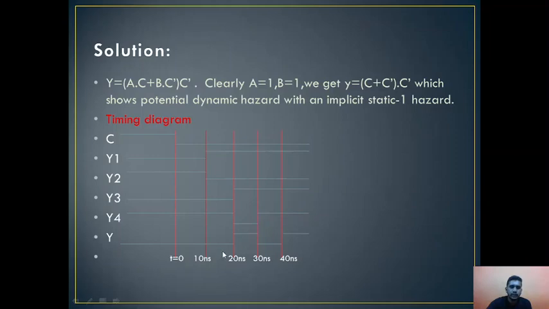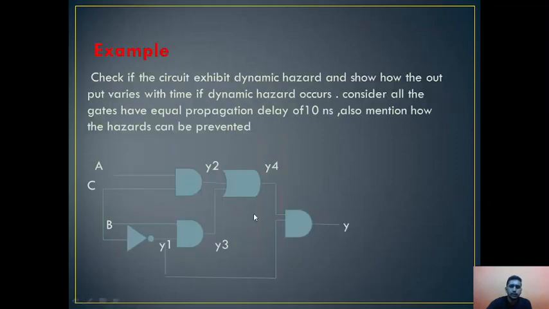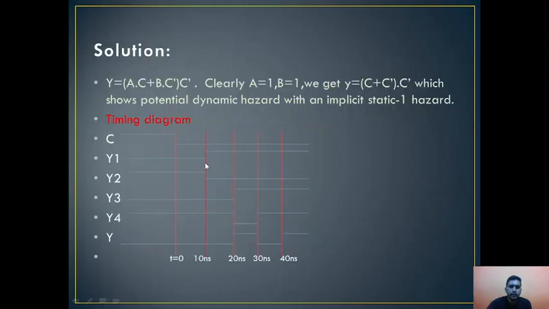We know that to get Y as output we take the AND of y4 and y1, where y1 is nothing but C bar. Here y1 changed to 1 after only 10 nanoseconds, but y4 has become 0 because of y3 and y1, due to which Y becomes 0 at 30 nanoseconds.